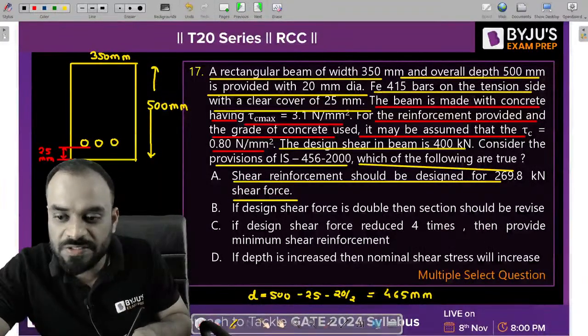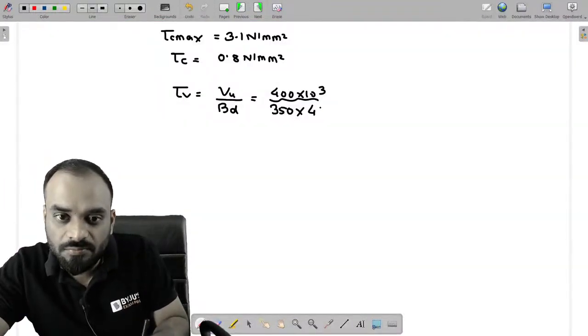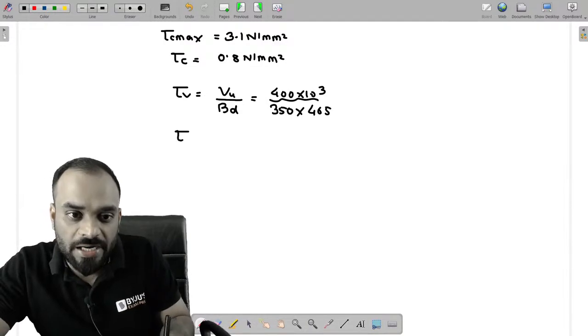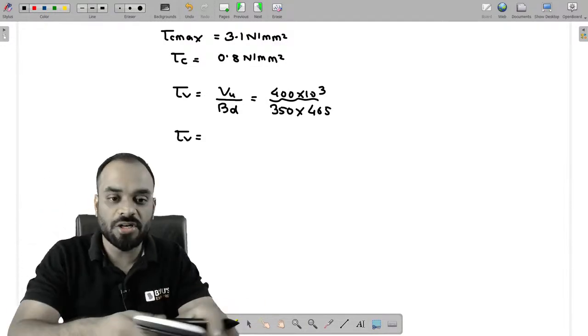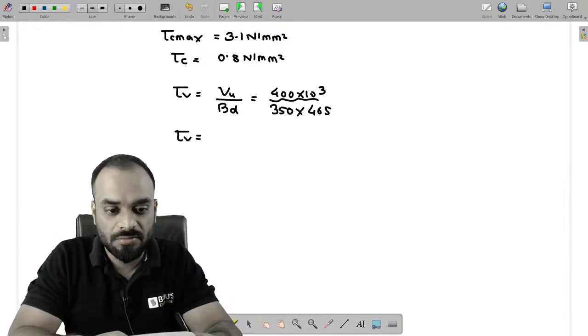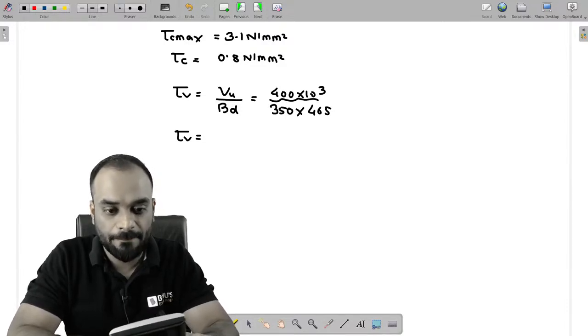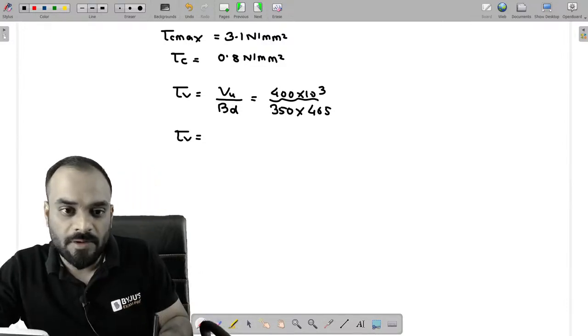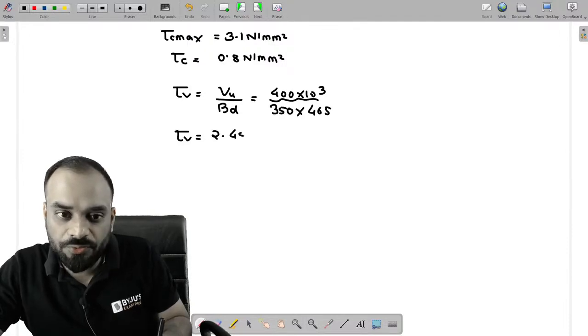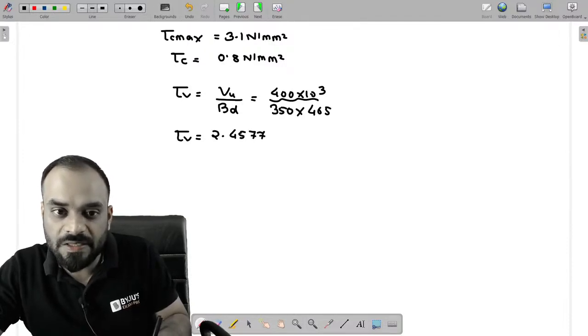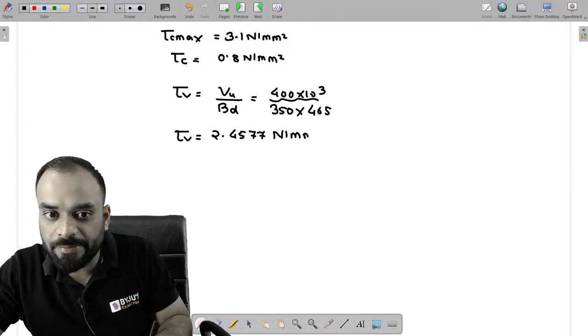It is 465. So kindly calculate the value of tau v. How much are you getting, guys? This value is 2.4577 Newton per mm square.